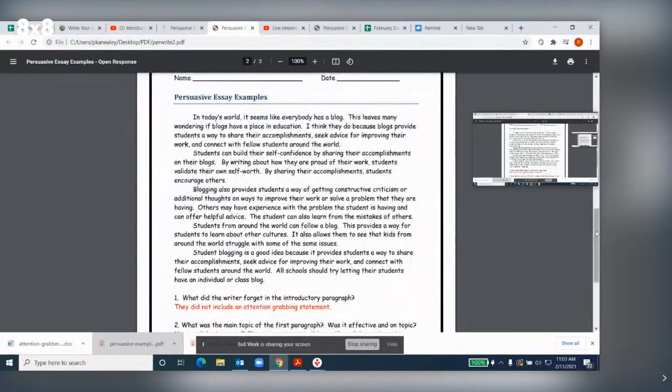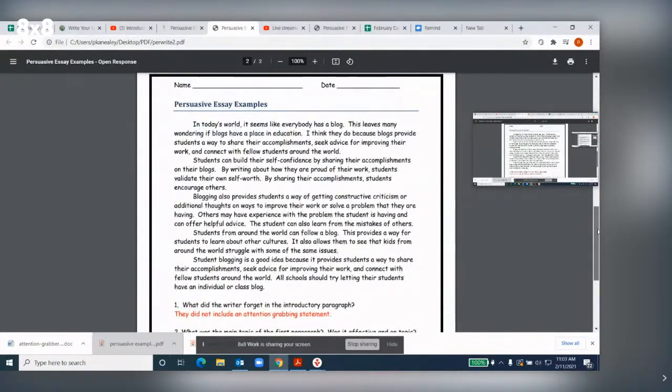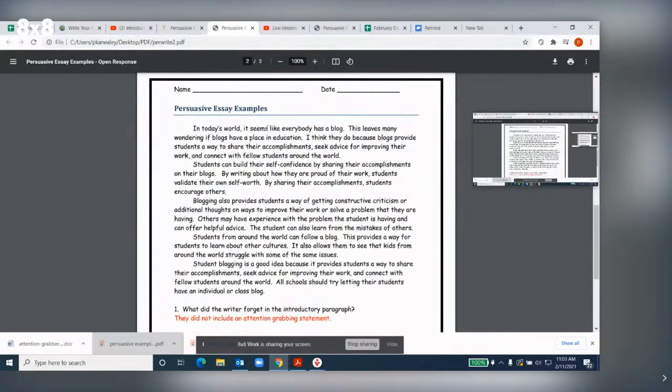So it says, what did the writer forget in the first introductory paragraph? In today's world, it seems like everyone has a blog. This leaves many wondering if blogs have a place in education. I think they do because blogs provide students a way to share their accomplishments, seek advice for improving their work, and connect with all students around the world. So basically what this first paragraph really lacks, and you can see in the red right here, they did not include an attention-grabbing statement.